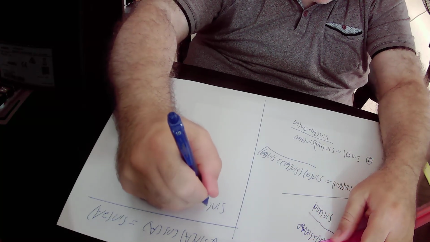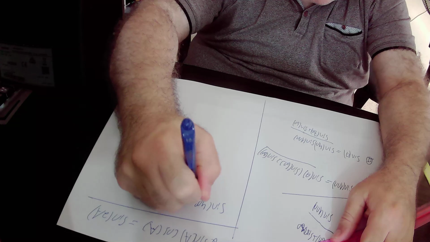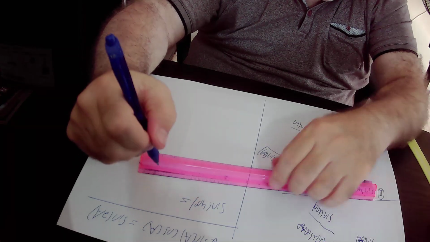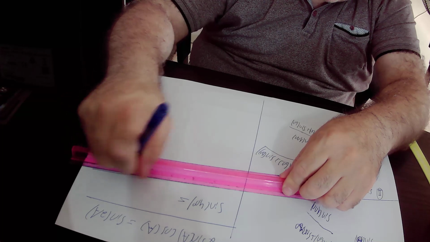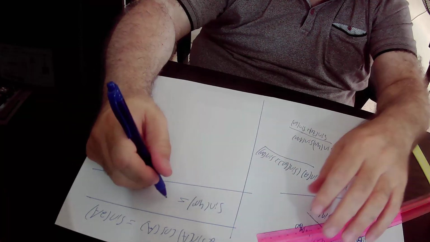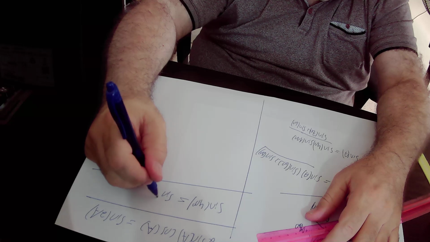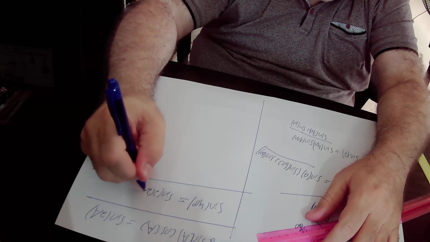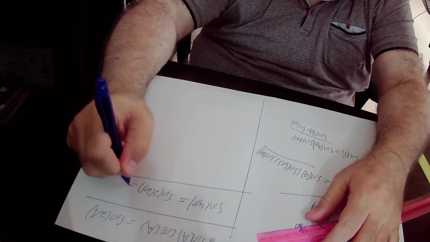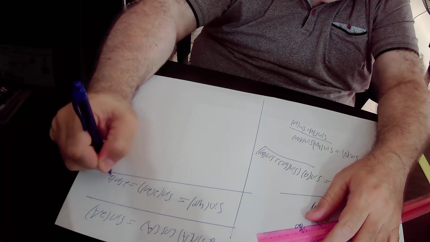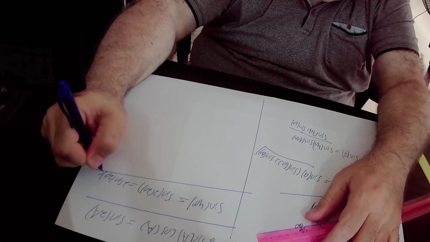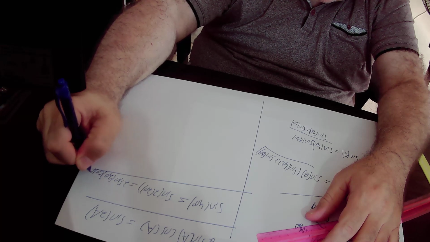Here sinus 40 degrees is equal to sinus 2 times 20 degrees, that is actually equal to 2 times sinus 20 degrees times cosine 20 degrees.